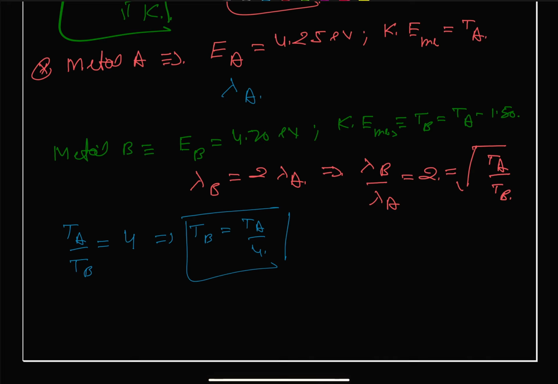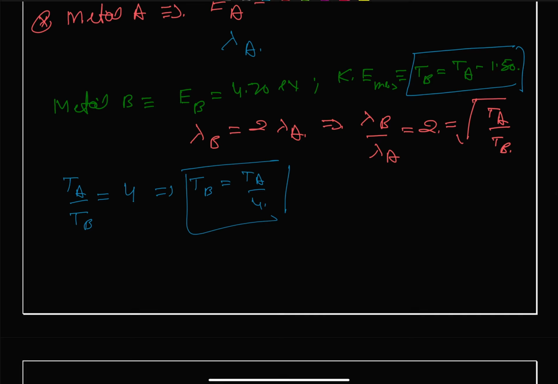And we also know the relationship between the TA and TB that is given to us. So we can use that relationship, and we can write that TB is equal to TA minus 1.5.